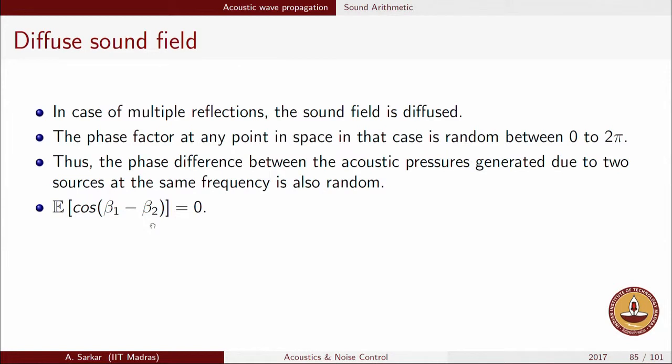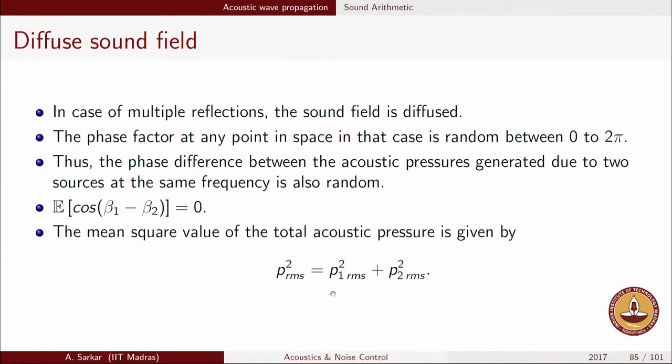So, it is only under a diffuse sound field assumption that this phase factor can be killed to 0, and thereby we get back, even for the case of sources emitting acoustic waves at the same frequency, that the mean square addition will still hold, because this phase factor is now getting killed because of this diffuse sound field assumption.